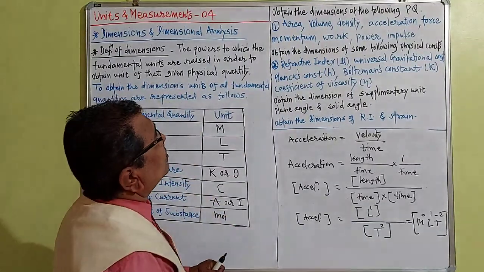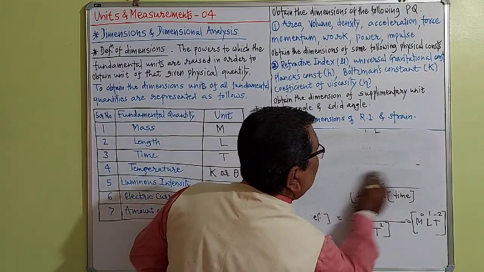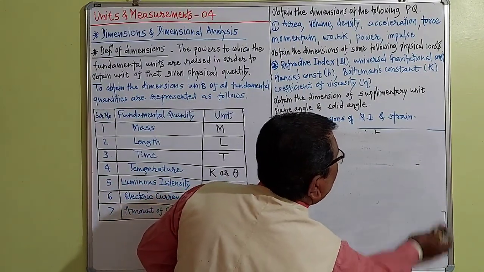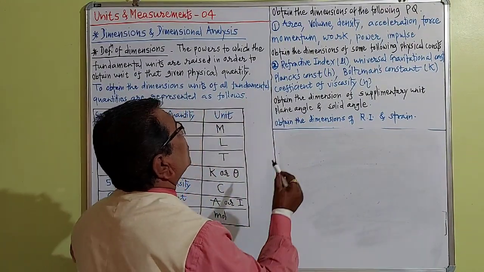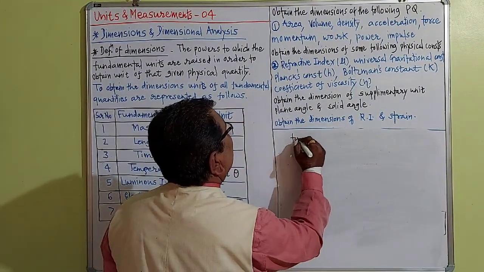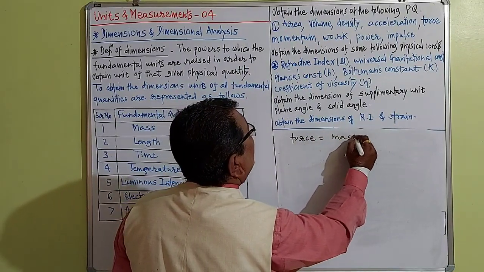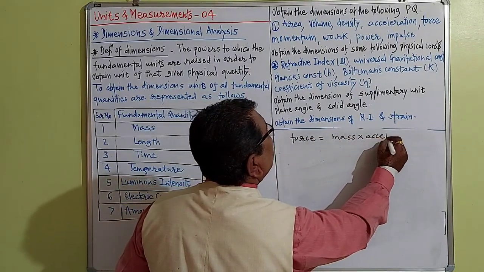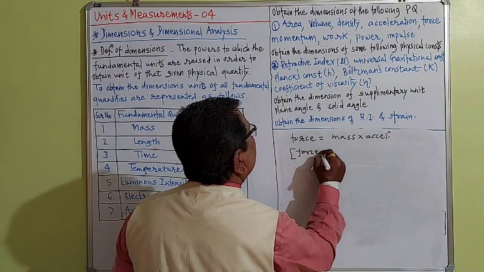The next one is what? Force. Dimension of force. Write down the formula: mass into acceleration. So put the dimension sign on both the sides.